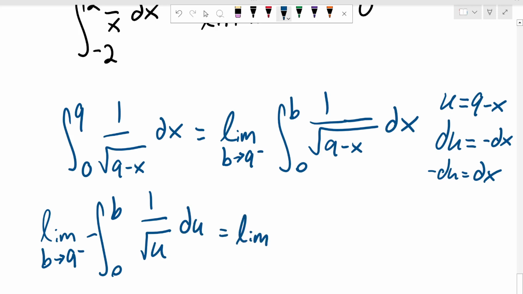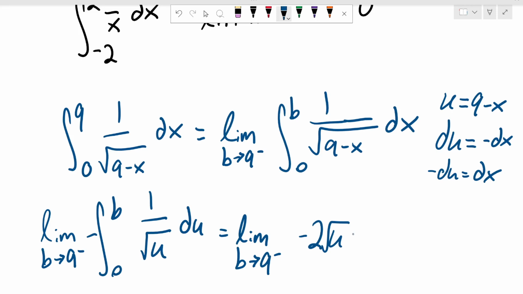And we'll do the reverse substitution before we worry about the bounds in this case. Okay. So the integral of 1 over root u, remember that's u to the negative 1/2, so it's going to be u to the 1/2 over 1/2. So it's going to be altogether negative 2 u to the 1/2. So we'll just say square root of u.